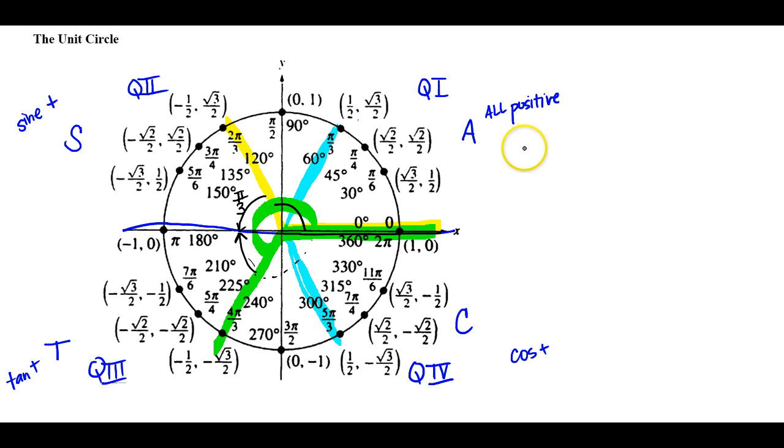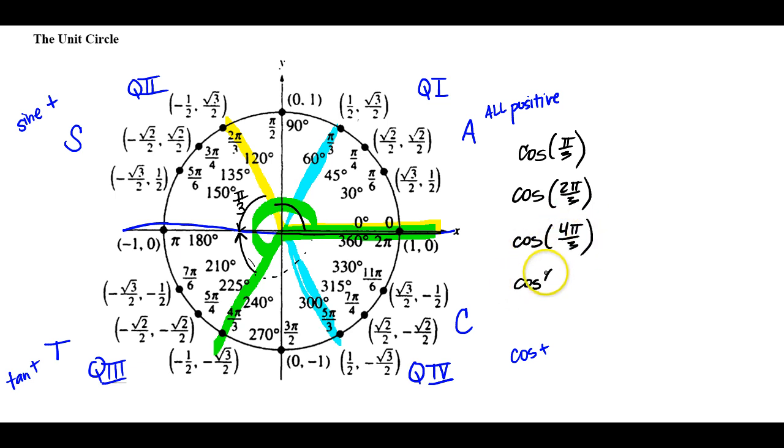So let's do cosine. Let's say I want cosine of pi over 3, cosine of 2 pi over 3, cosine of 4 pi over 3, and cosine of 5 pi over 3.